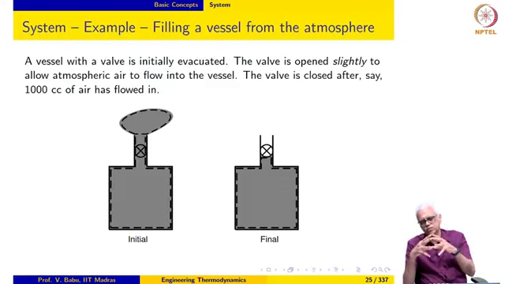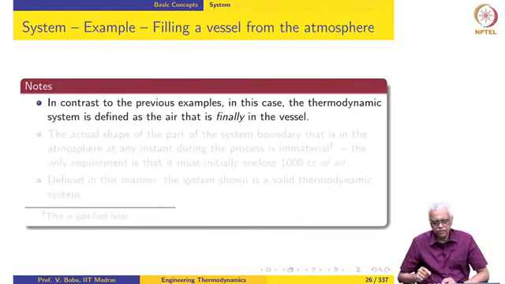Initially it contains 1000 cc, and then this part of the boundary deforms. So it should deform in such a way as to contain that initial air that we identified, until the end of the process. So as long as it does that, it is a valid system. The exact shape is immaterial. We will actually justify this later. Okay.